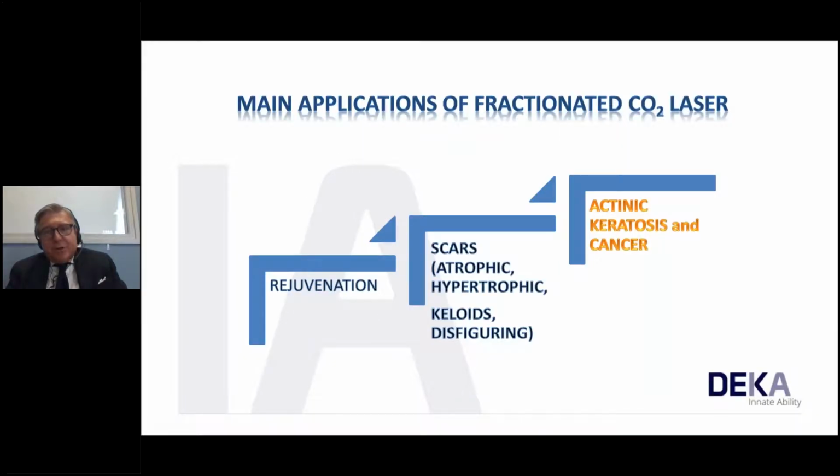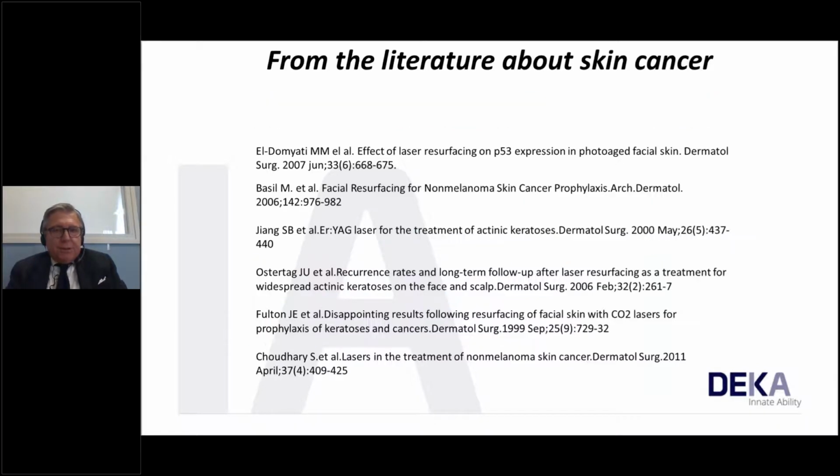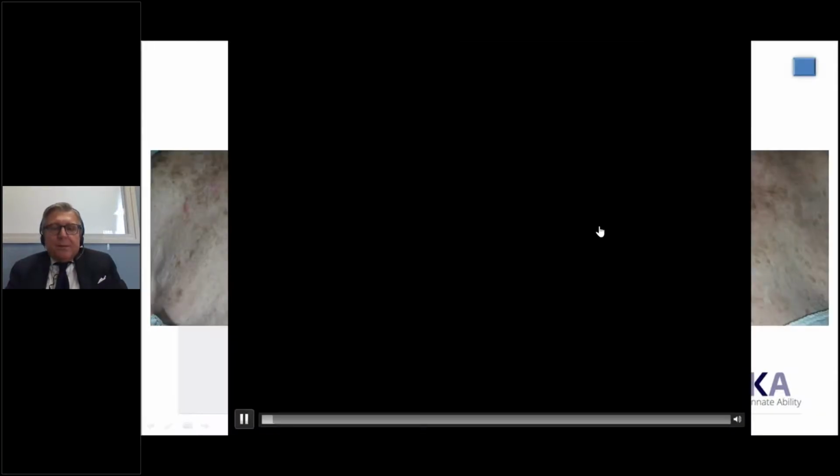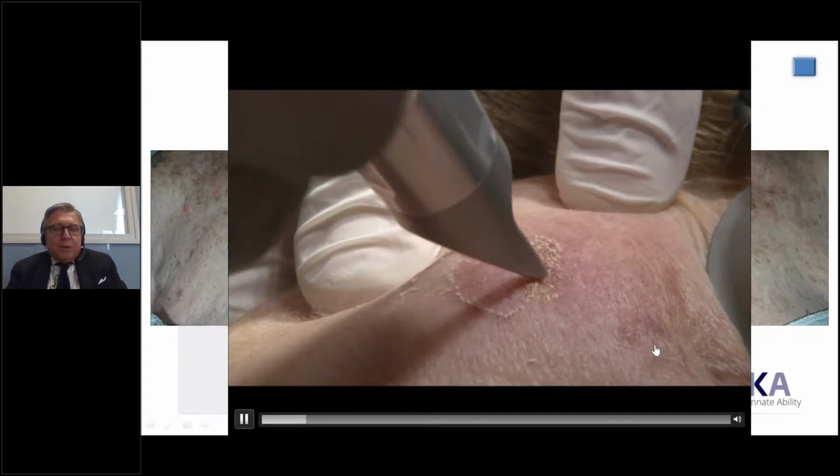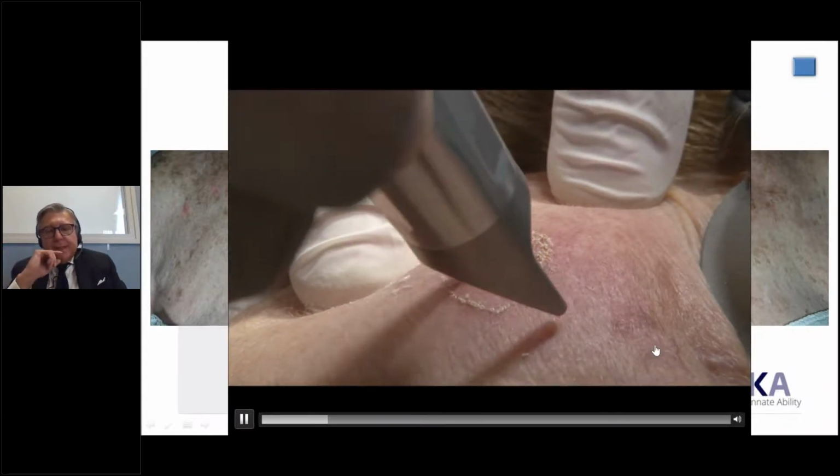The other application is the premalignancy, in the sense of non-melanoma premalignancy. You see in the literature, we have a lot of studies in skin cancer, but just to show you what we can do. We can treat sun-damaged lesions free hand.